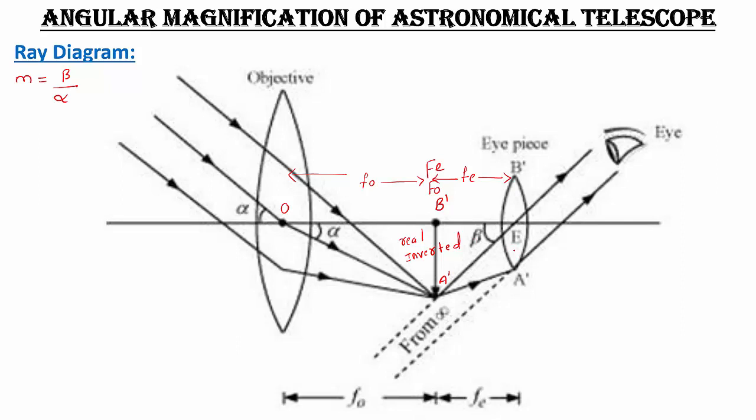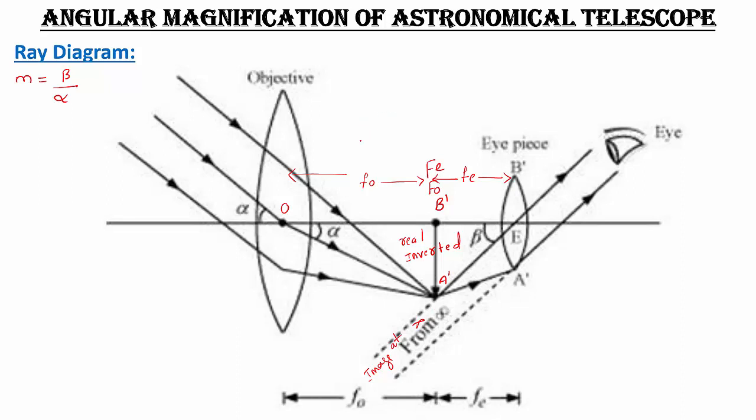When this light falls on the eyepiece, refraction of light takes place again, so that the refracted rays travel parallel to each other. When it reaches the observer's eye, it appears to be coming from infinity. That means the final image is formed at infinity.